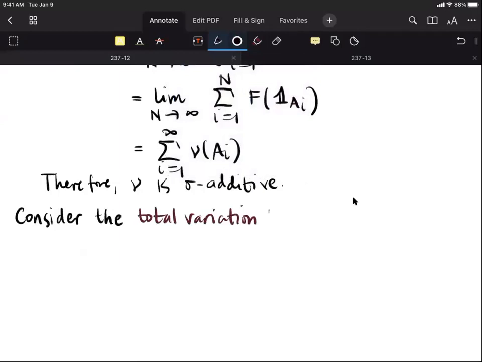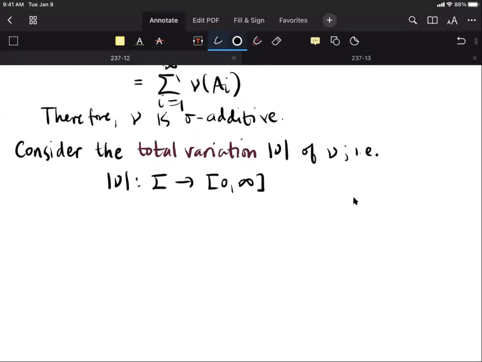So consider the total variation denoted by this one, the absolute value of nu. So this total variation is a function on sigma to the set of non-negative numbers. And what we do is, for a measurable set A, we define the total variation of nu at A as follows.